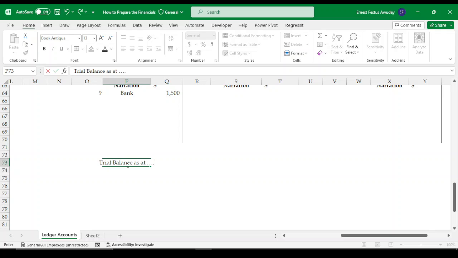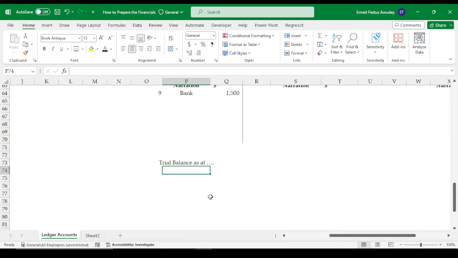So since we don't know that in this particular scenario, I'll just put dash dash dot there. So we have trial balance as at. And what is a trial balance? The trial balance is simply the list of all the account balances, a list of all the accounts and their balances. All right, is the list of all the accounts and their balances.